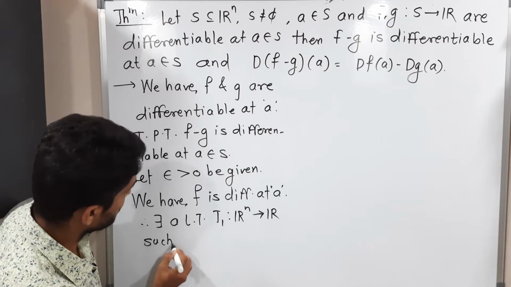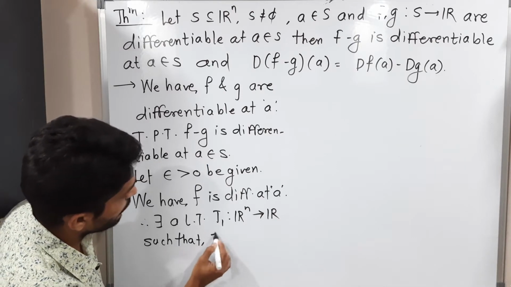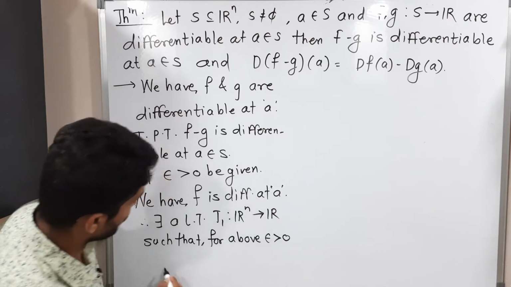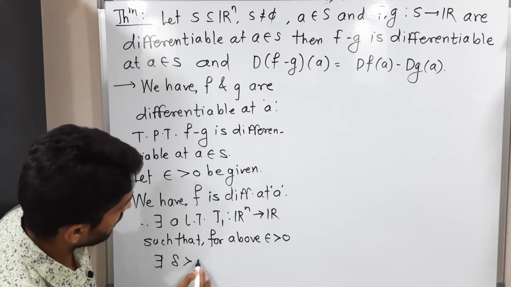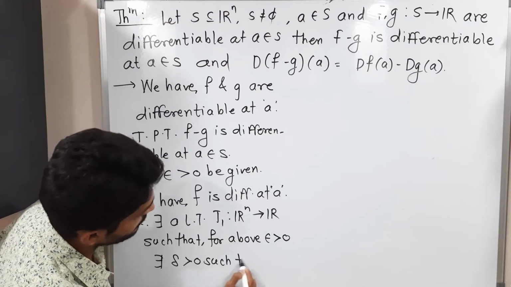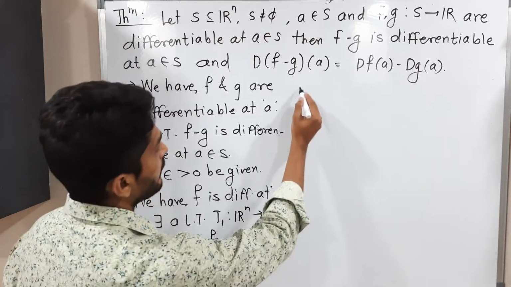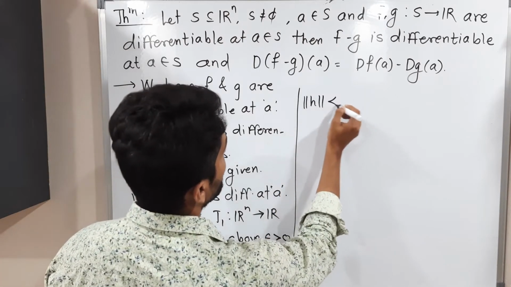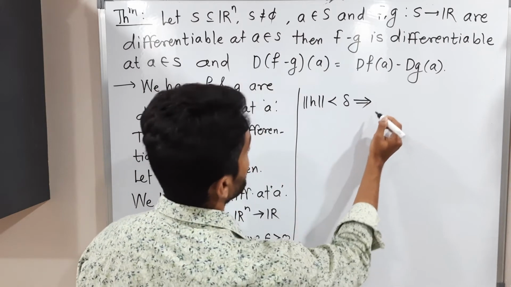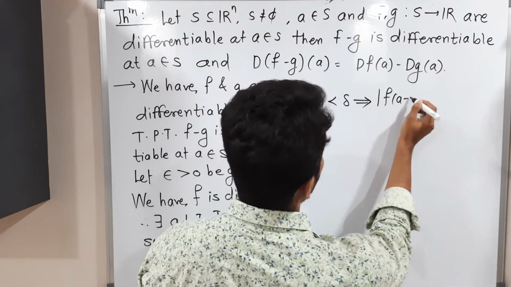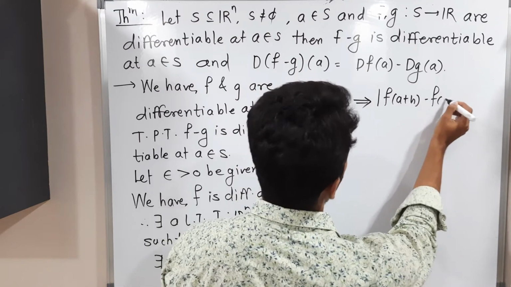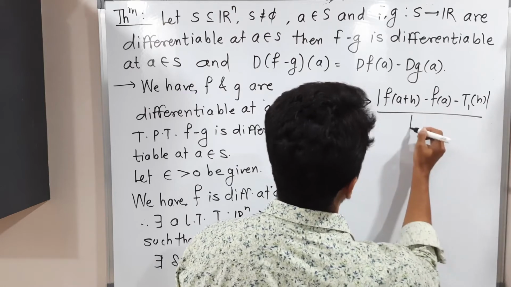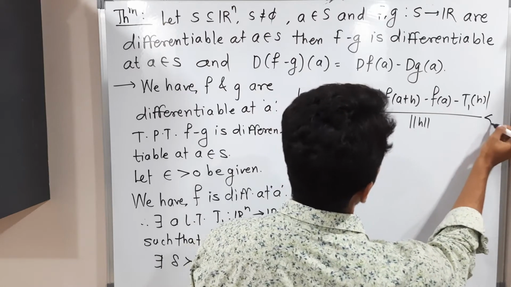such that for above epsilon greater than 0 there exists delta greater than 0 such that, using the definition, norm h less than delta implies mod f of a plus h minus f of a minus T1 of h divided by norm h less than epsilon.